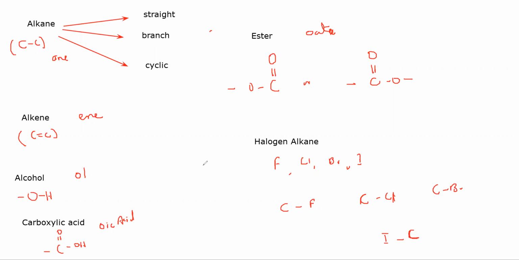So I'll give an example for each now, but I want you to name these compounds. The first example: CH3, CH2, CH2, and CH3. What is the name of this compound?